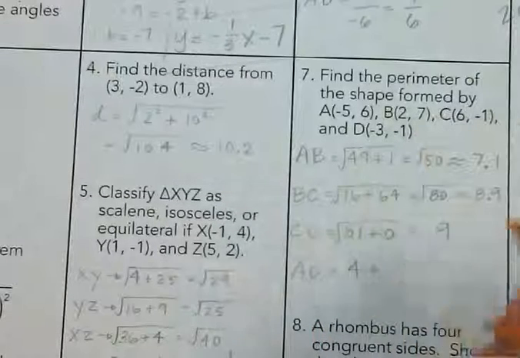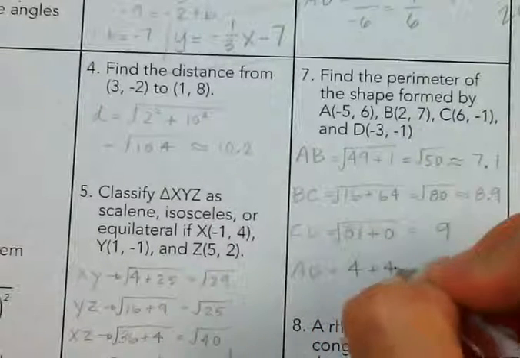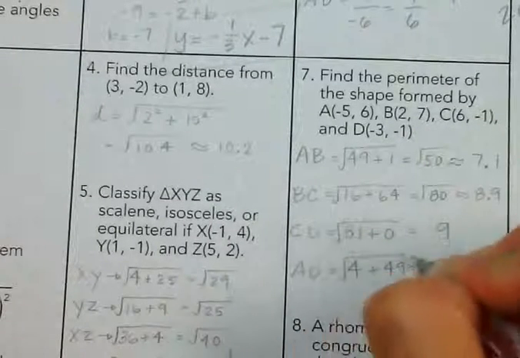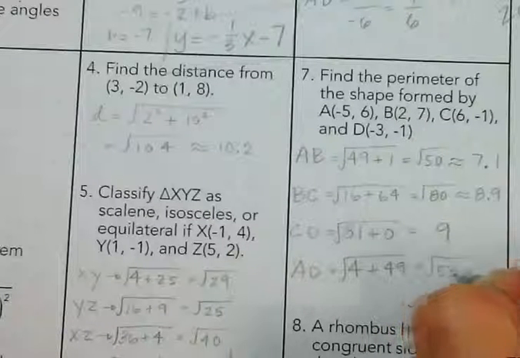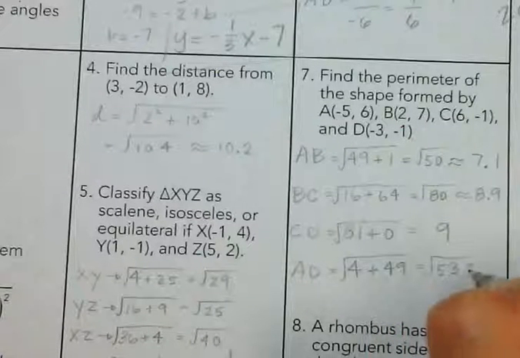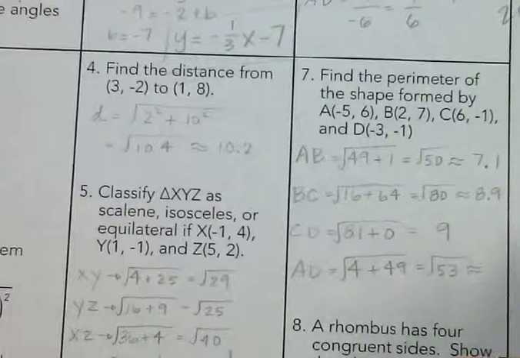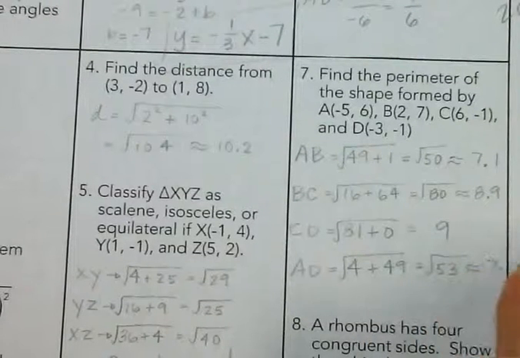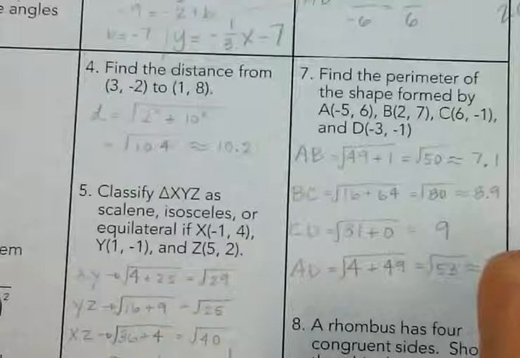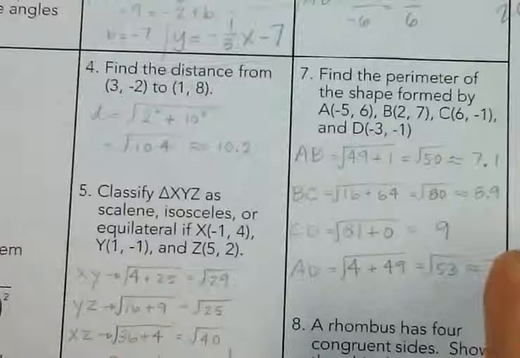From 6 to negative 1, that's 7 squared. Add those together, and we get the square root of 53, which I'm going to estimate to be about 7.3.